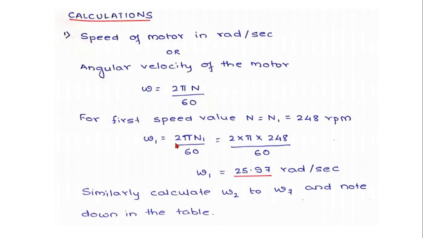So omega 1 is equal to 2 pi n1 by 60, that is 2 pi into 248 upon 60. So omega 1 will be equal to 25.97 radians per second. Similarly, calculate omega 2 to omega 7 and note them down in the table as shown.